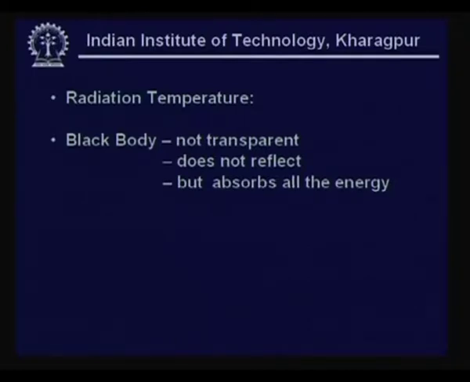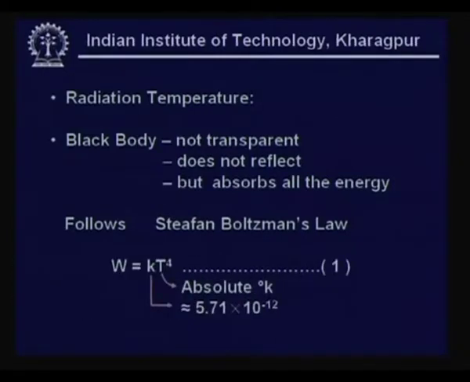Mind you, we are not talking about just light, but all forms of energy, that is light as well as heat, and it is known to follow what we call Stefan-Boltzmann's law, which shows the radiant energy is proportional to the fourth power of absolute temperature. Absolute temperature is in degrees Kelvin. If the temperature of the material is in centigrade, you basically add 273 degrees Kelvin, corresponding to 0 degrees centigrade.